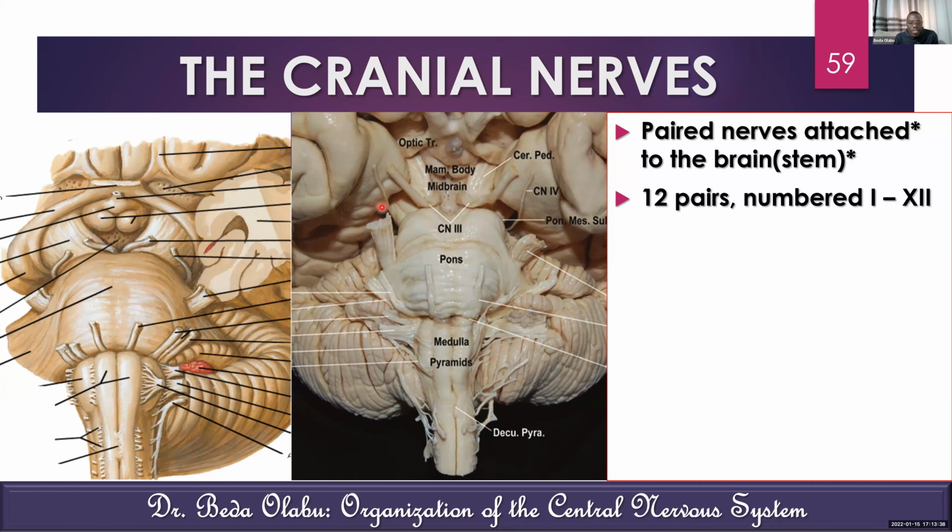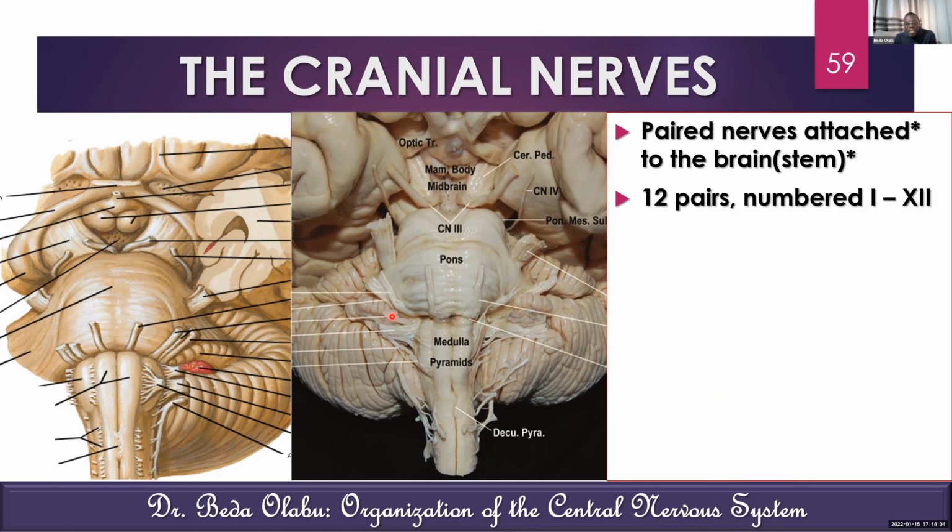So in this image, that will be the oculomotor, and that is trochlear. This is trigeminal. The 3 divisions are not shown. That is the 6th nerve, abducens. This is the 7th nerve, facial. That is the 8th nerve, vestibulocochlear.